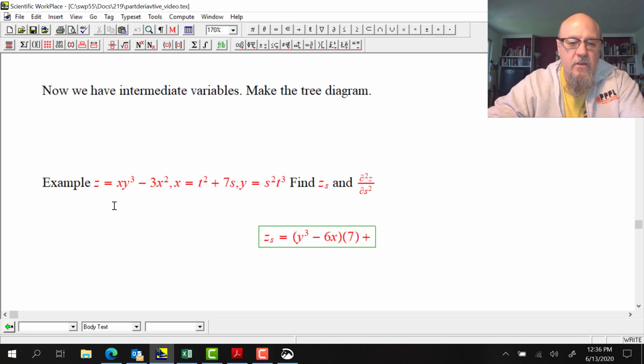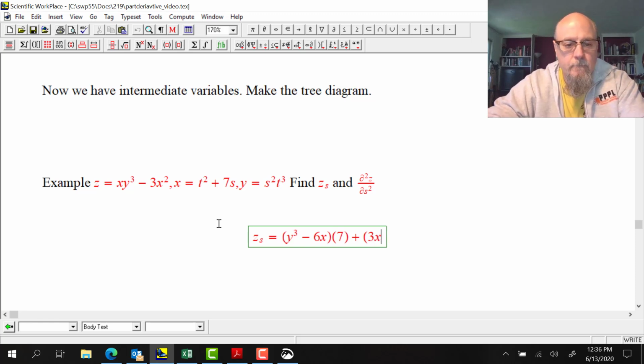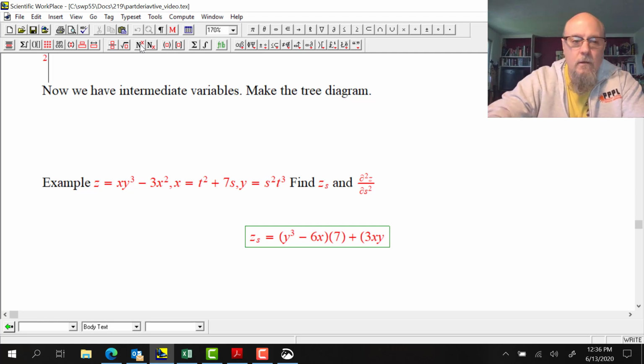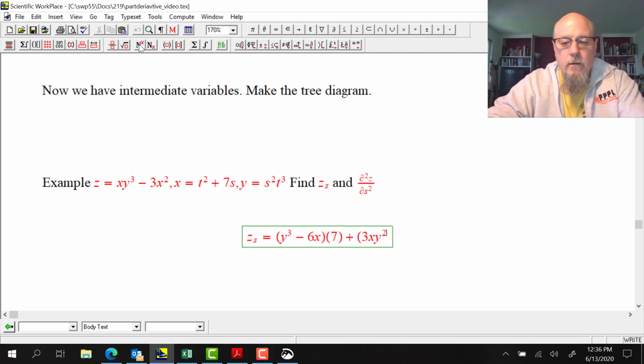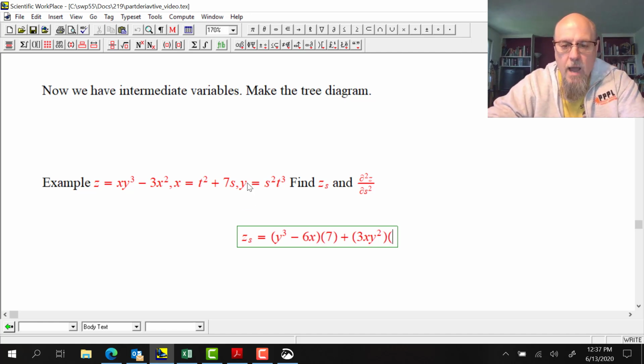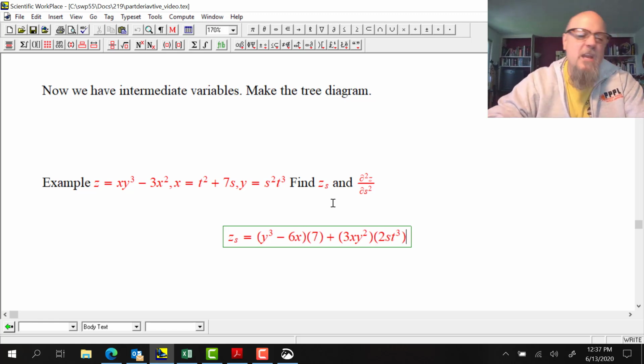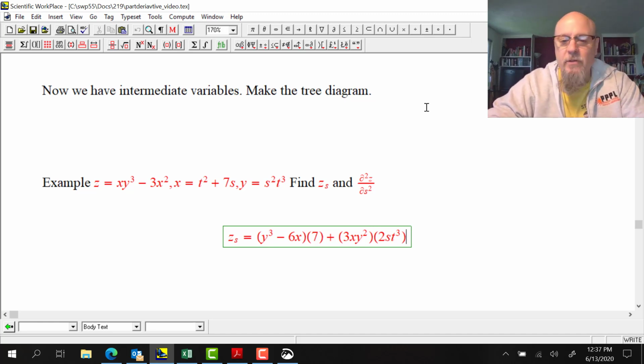Plus, now I need z sub y, so the derivative with respect to y. Keeps putting my subscript way up there. Minus 0 multiplied by the derivative of y with respect to s. Okay, done.